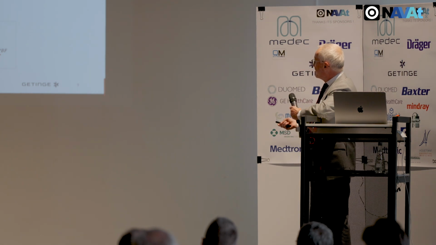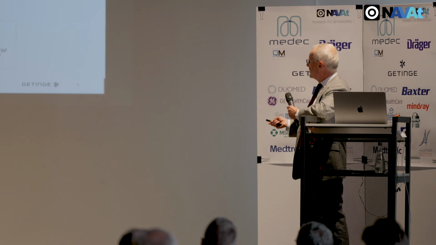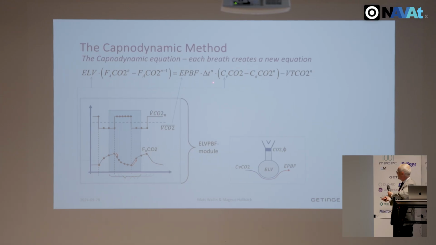This has three unknowns: the end-expiratory lung volume, the effective pulmonary blood flow, and the content of CO2 in the veins. Since we have 9 breaths, we have 9 equations, so we can solve these three unknowns in an overdetermined equation system.